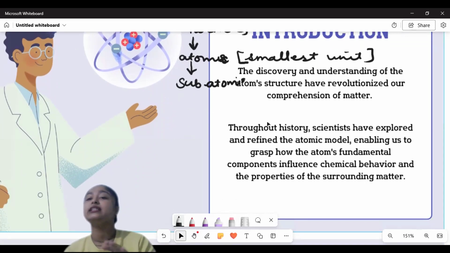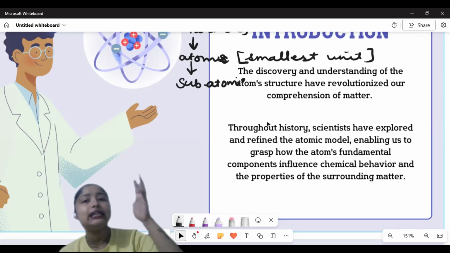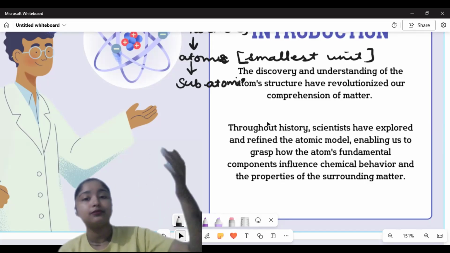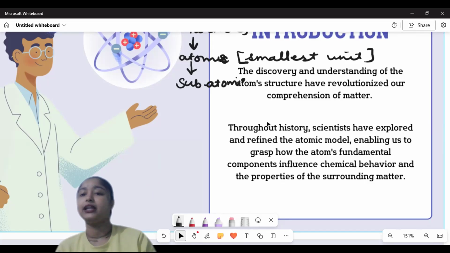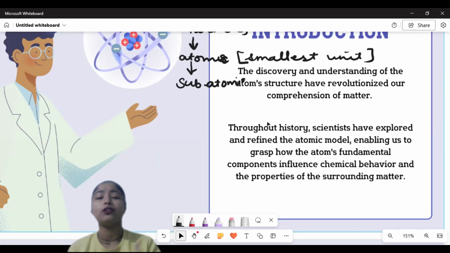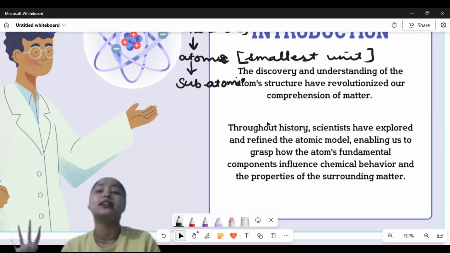Throughout history, scientists have explored and refined the atomic model. The atomic model that we are using right now is not the result of just one model that was made and we selected it. No, it's not like that. Multiple researches happened and multiple models were given, but due to some limitations, the early models failed at some point.